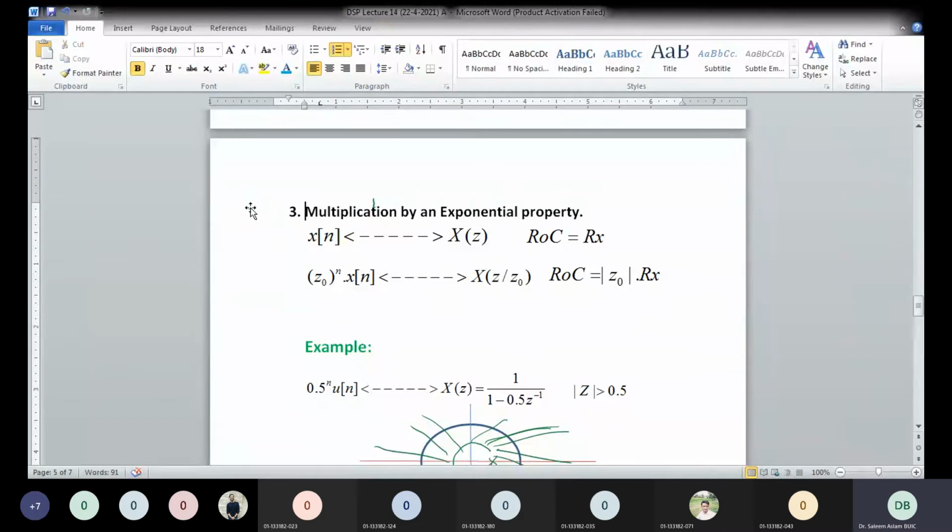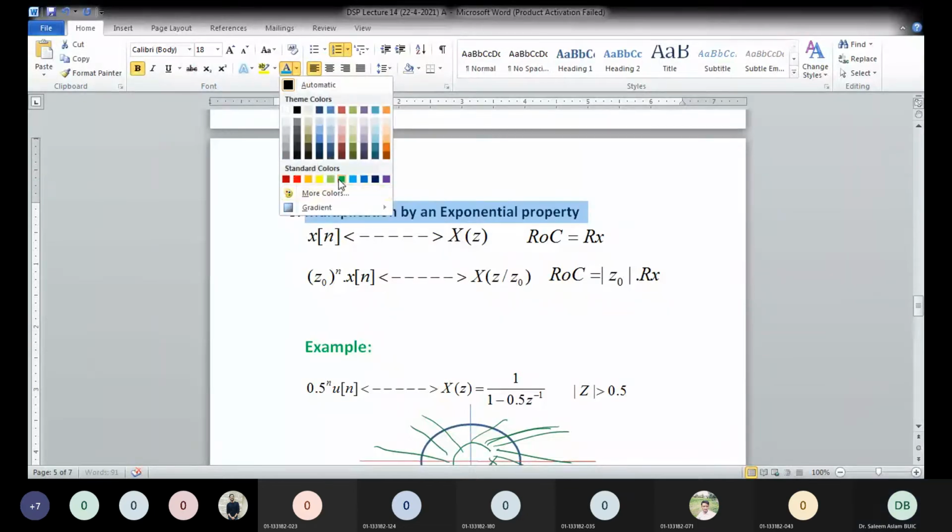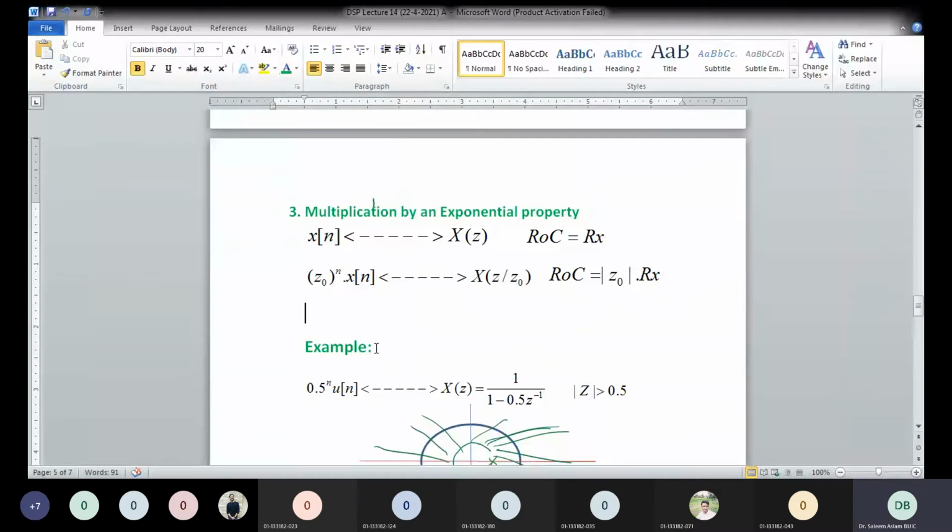So multiplication by exponential property is again an important one, and it will change the stability index as well. Let me write here as well, in green.